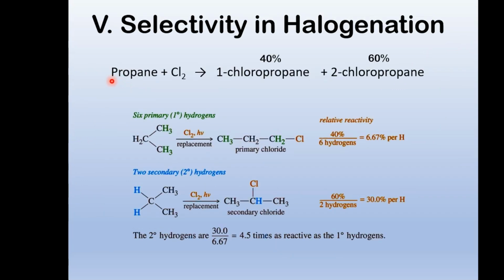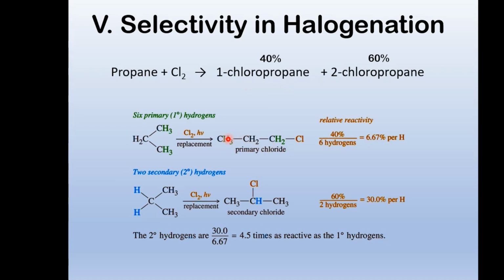All right, so we're going to pull out propane, some chlorine gas, and we heat it up, shine some UV light on it. We see that if we're just making a monochlorinated product, that means we're just putting on one chlorine, we get two products. We get 1-chloropropane.